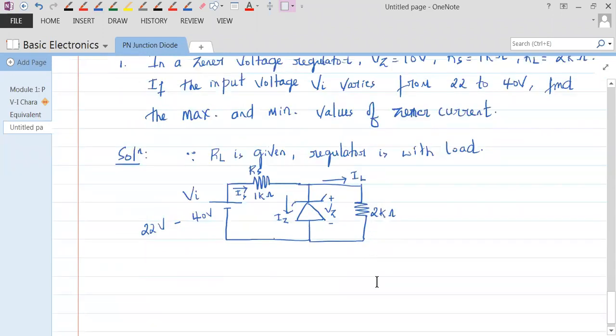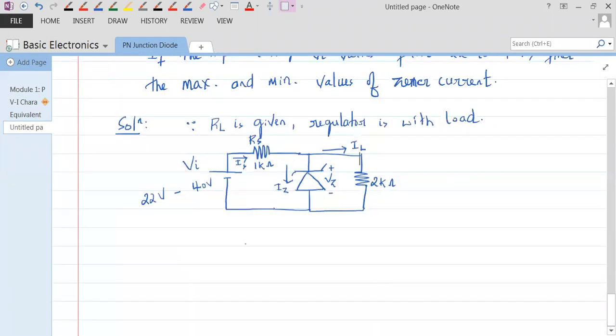Now see here. Since the load is connected, we can write IS is IZ plus IL. Call this equation number 1.